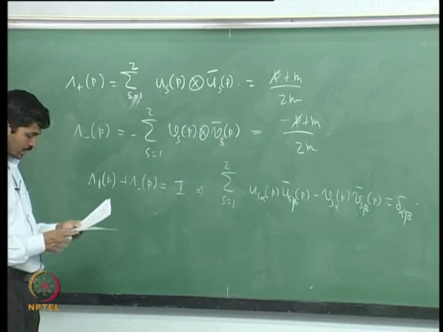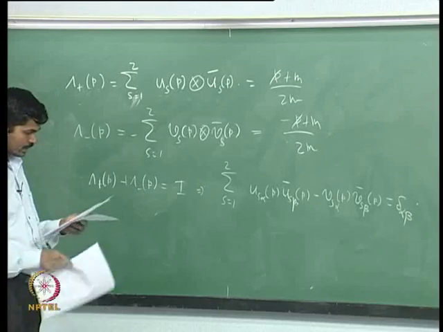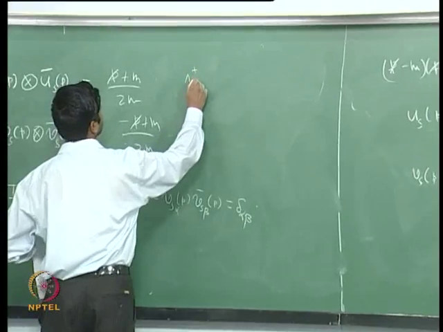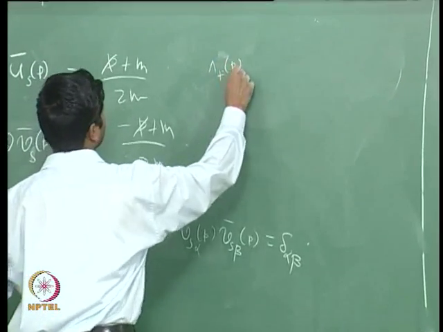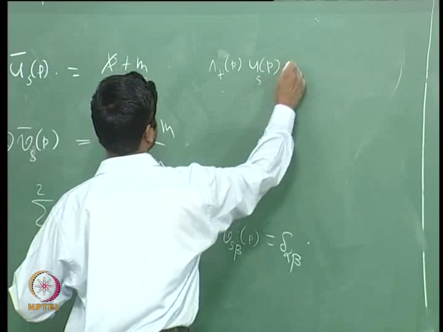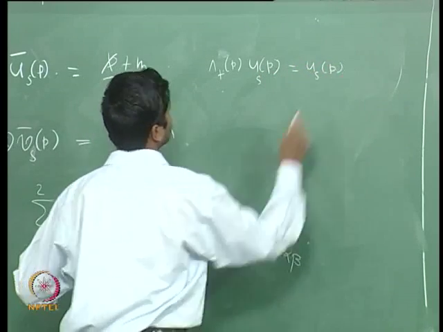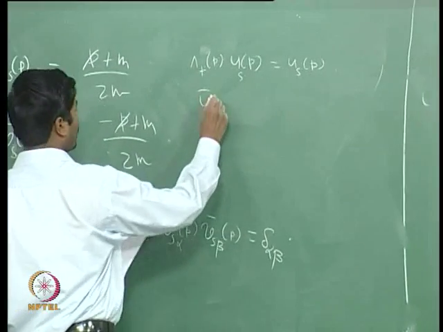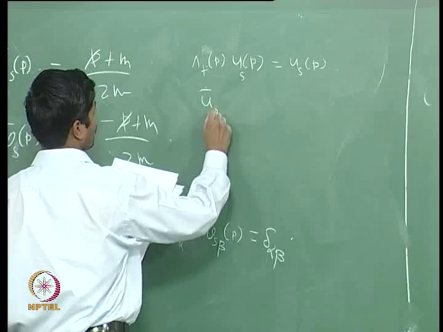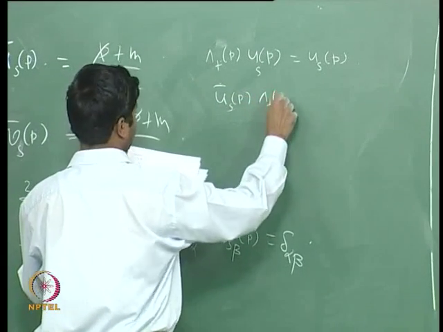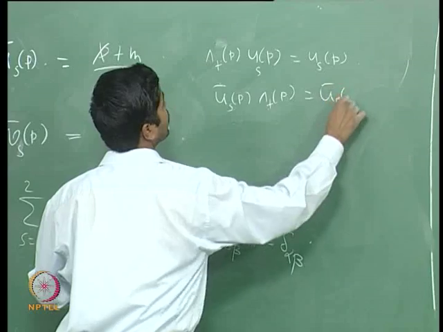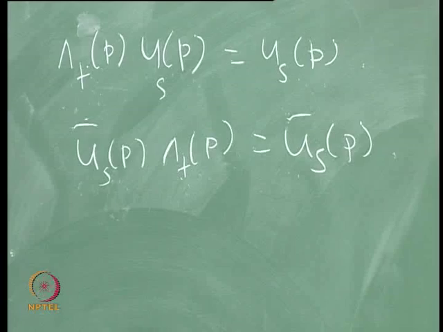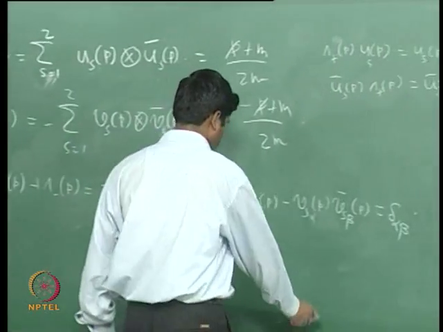I also leave it as homework for you to show that lambda plus of p acting on u_s(p) equals u_s(p), that is why it is called a projection operator. Similarly, u-bar_s(p) lambda plus of p is u-bar_s(p), and similar relations hold for lambda minus acting on v. Okay.